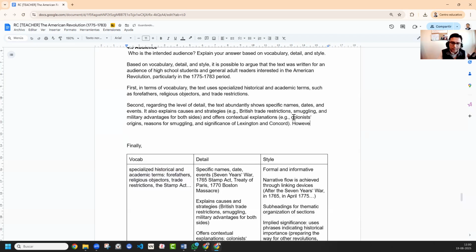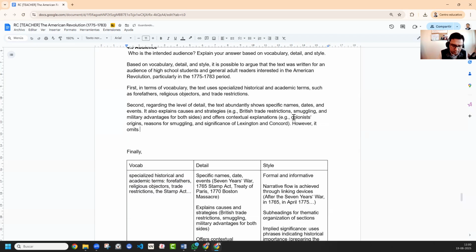However, it omits a more specific and in-depth analysis that would be more suitable for a history major. So now we're excluding the group that we do not think is the target audience.